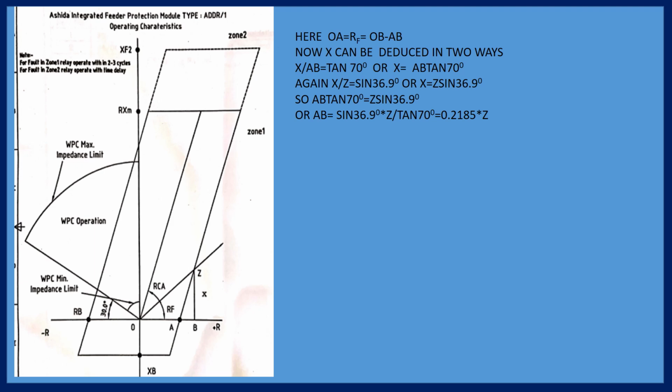Here Z is the impedance, X is the reactance, and R is the resistance. But forward resistance is somewhat lower than resistance. So it is RF, forward resistance. Forward resistance is equal to backward resistance.